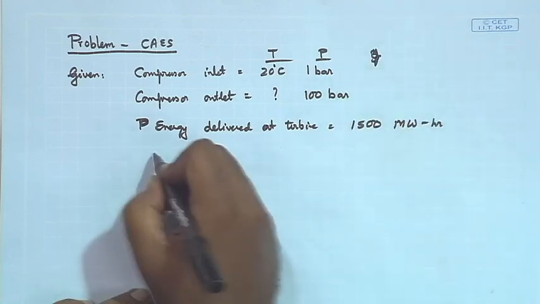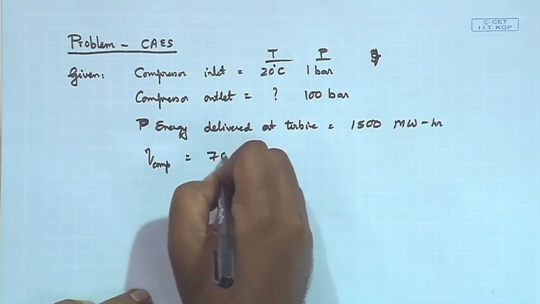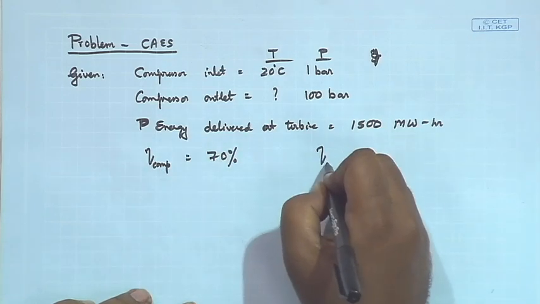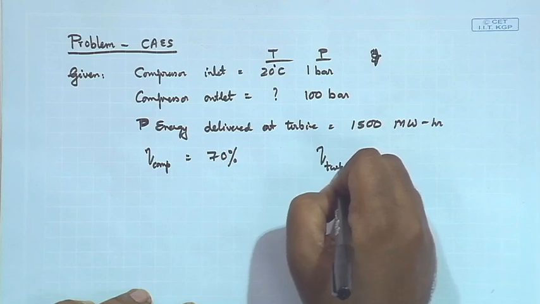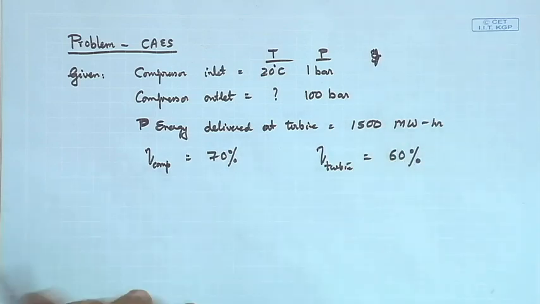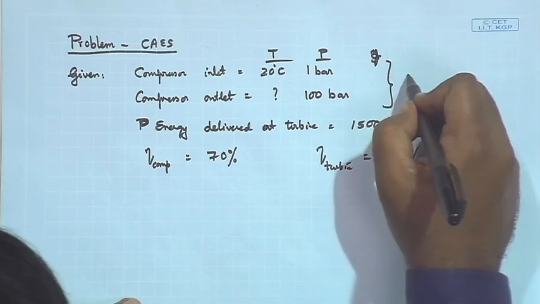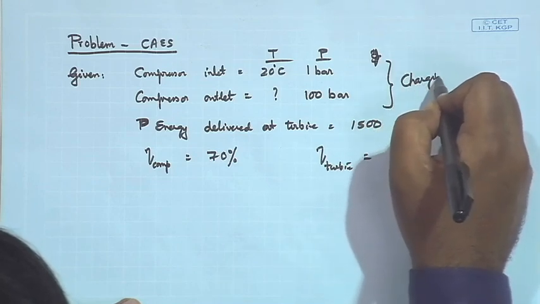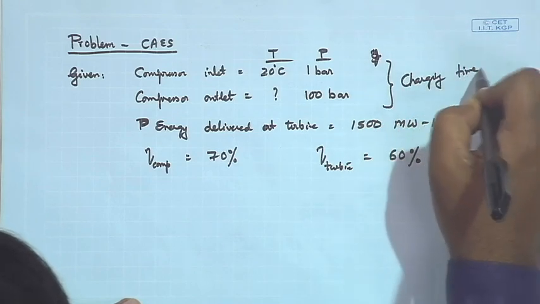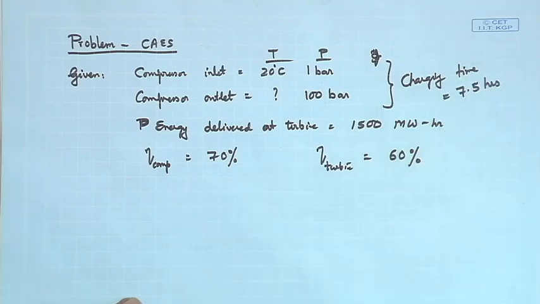The compressor efficiency is 70% and the peaking turbine efficiency is 60%, and a few other properties are given. It is also given that the charging time, which is the time when the storage happens, is 7.5 hours.